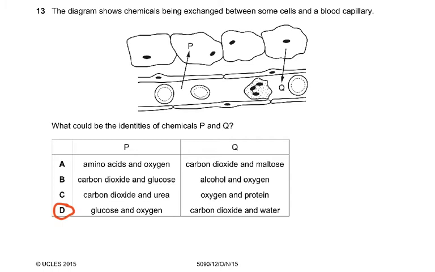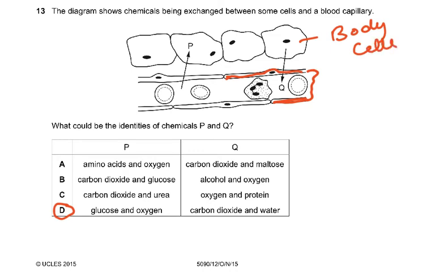So glucose and oxygen, and carbon dioxide and water. P has to be glucose and oxygen, which is entering the body cells. And this was, of course, the blood capillary, which is a one cell thick layer. You can see the one cell thick layer of cells lining it, and this is the exchange between some cells. So these are the body cells, which would be anywhere in the body.